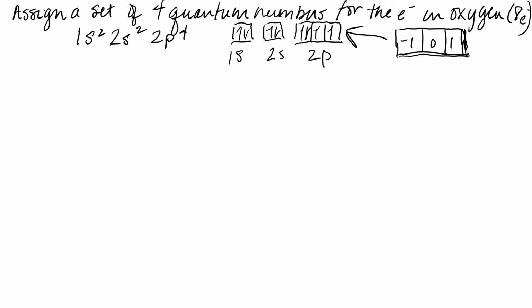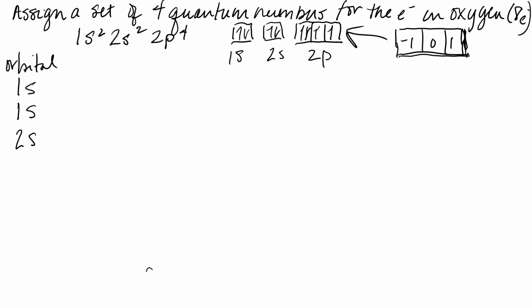So the first thing I'm going to do is identify how many electrons are in each orbital. We have 2 electrons in the 1s, and I'm separating them.